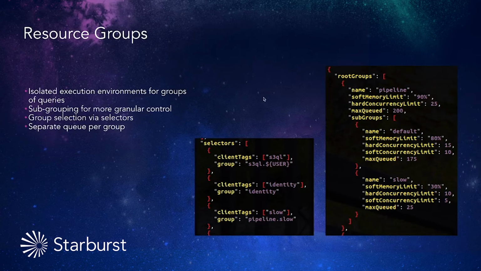And that permits us to group like queries that have similar performance profiles, usage requirements, runtimes, and isolate them together. And it allows us to have each of those tied to the same queue as each other, but not interacting with the queue from other query groups.